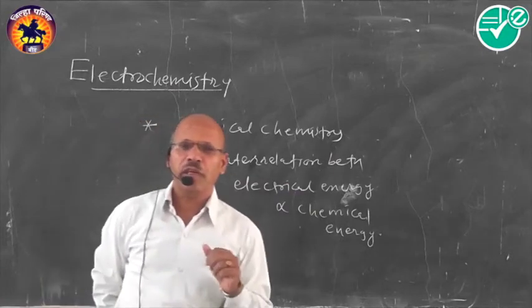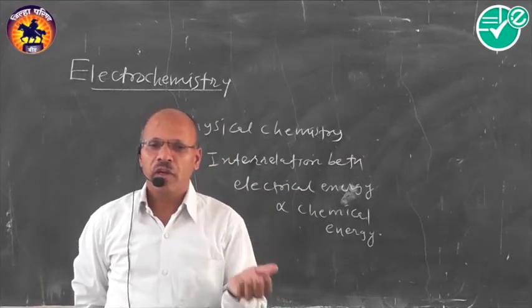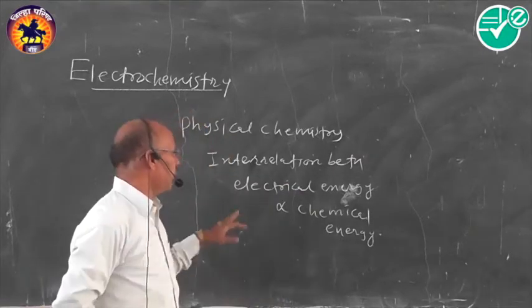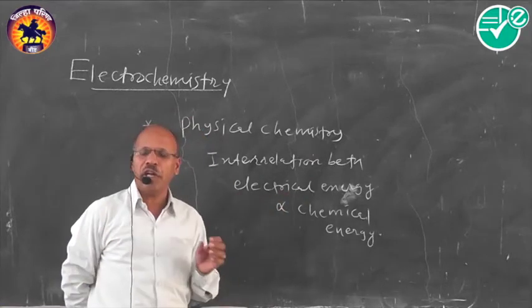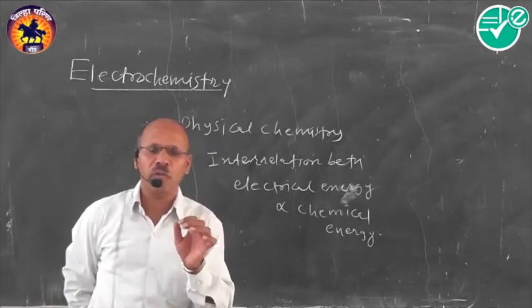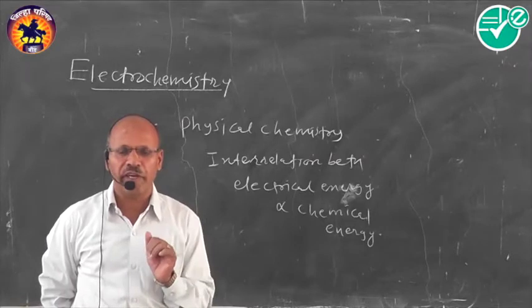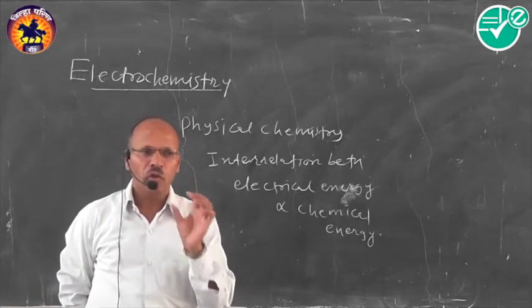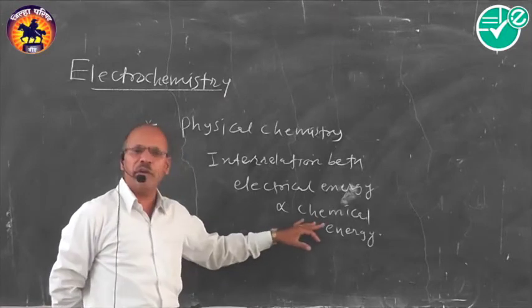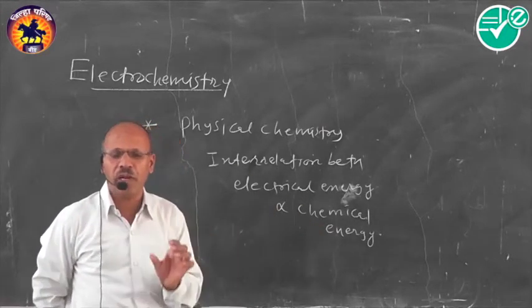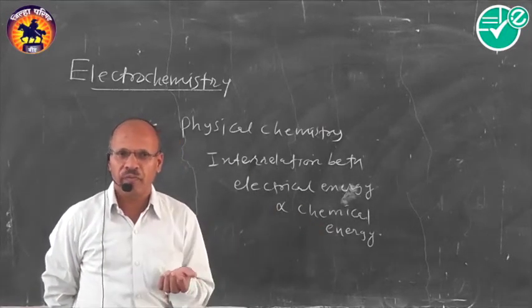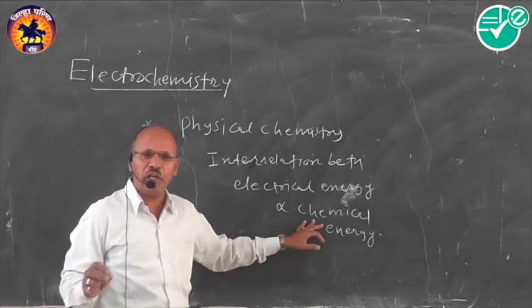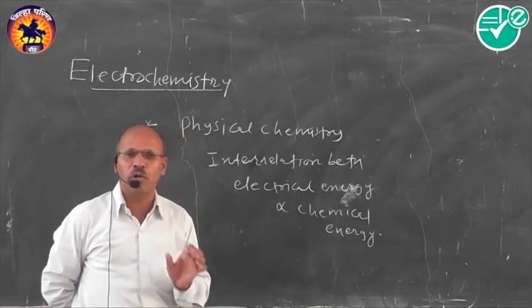Now you can think about what electrical energy is and what chemical energy is. If we think about electrical energy, we generally use it for light. If we use chemical energy, we have the lead storage battery or an inverter, which is mainly used in our house at the time of load shedding.